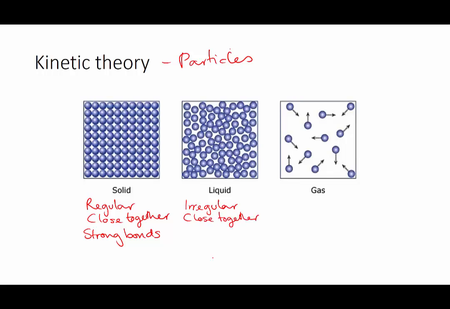And the bonds are fairly strong, although particles can slide past each other, they can flow past each other. So the particles flow in a liquid, whereas in a solid the particles vibrate around a fixed position.